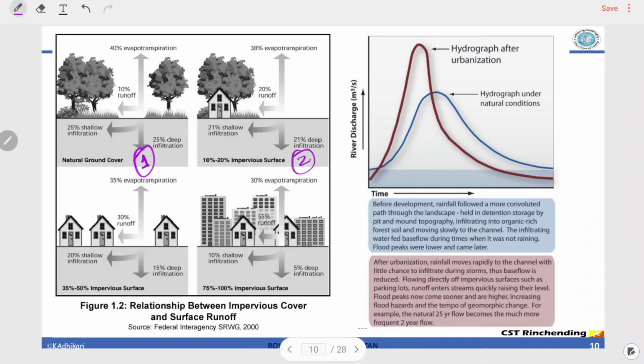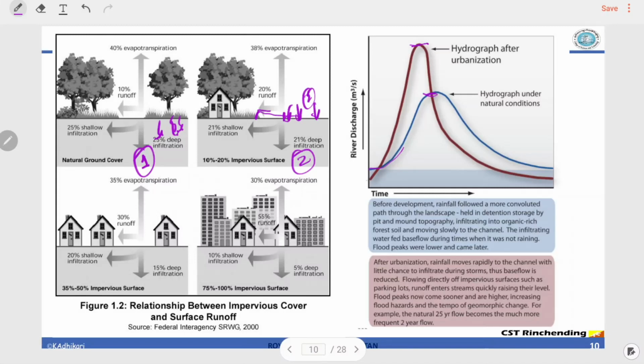Initially when there is runoff, there will be infiltration in condition 1, and the hydrograph will gradually increase because a large volume of water is getting infiltrated. Its peak is going to be lower than condition 2, where all the rain that has fallen over this surface flows as runoff.